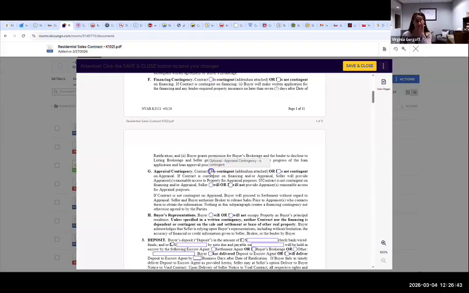Yeah. Okay. All right. So if contract is contingent on financing and or appraisal, right? So it's not automatic, it's and or. Seller will provide appraiser reasonable access to property for appraisal purposes. If contract is not contingent on financing and or appraisal, seller will or will not provide appraiser reasonable access.